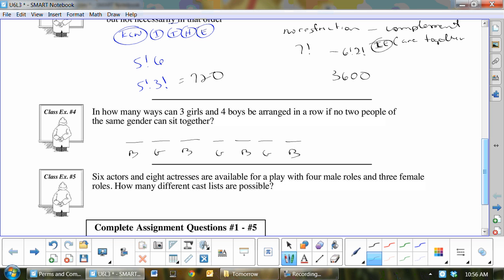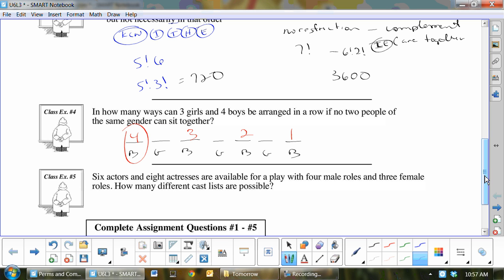Do you understand it couldn't be the other way? So all of a sudden, let's just do the boys. How many boys can sit here? 4. In the next one, 3. Next one, 2, and then 1.